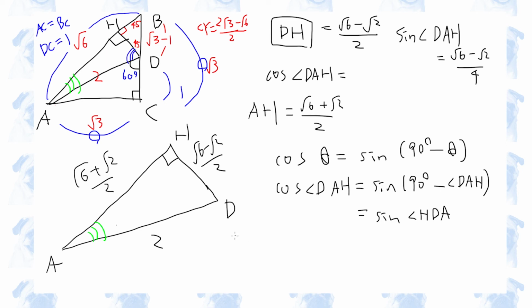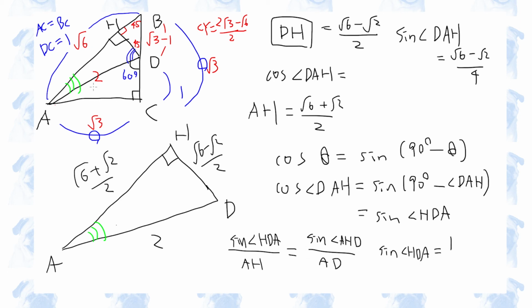So using the sine rule, sine HDA over AH is sine AHD over AD. Sine AHD is sine 90 degrees, which is 1, and AD is 2, and AH is root 6 plus root 2 over 2.